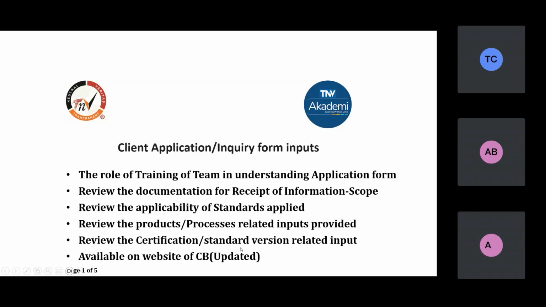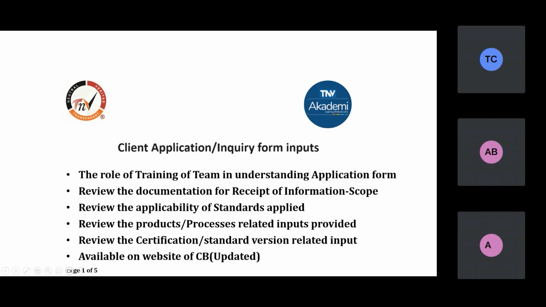So whenever the application form or inquiry form is filled, this version needs to be clearly indicated, and our team conducting the application review and the contract review should look at it very carefully. What codes are applicable? For example, if it is a food safety certification, categories A, B, C, D, E, F, G, H, I, J. So we need to understand the applicability.